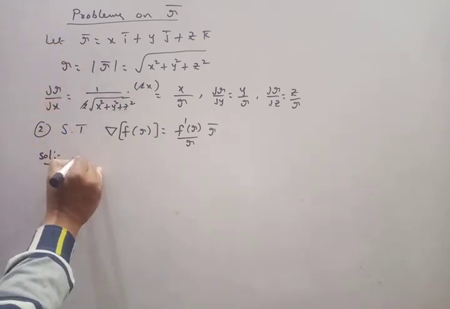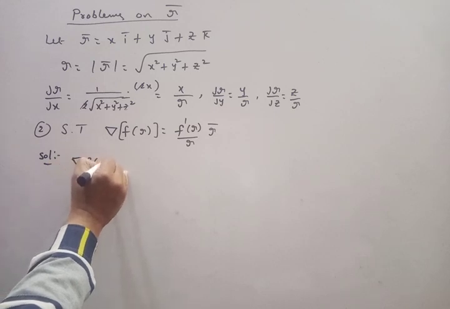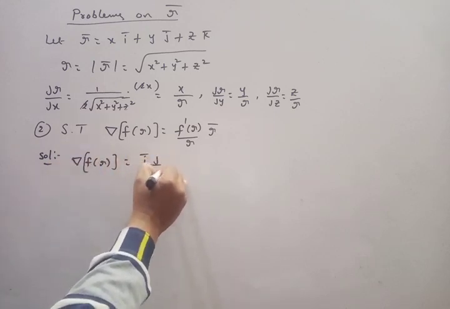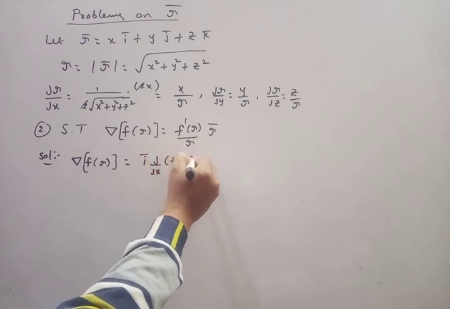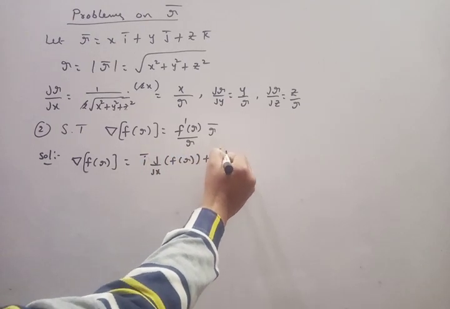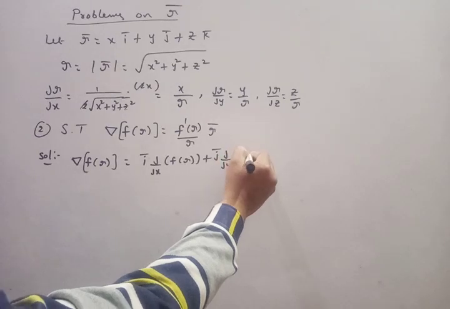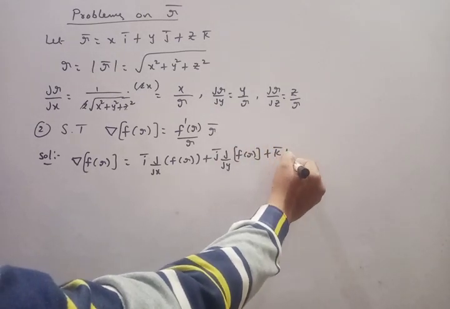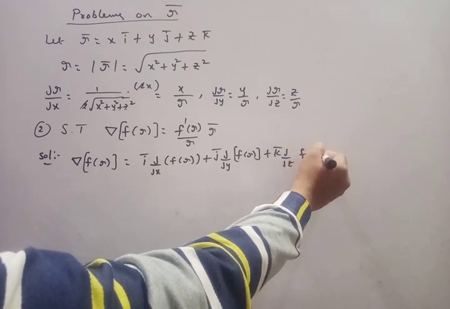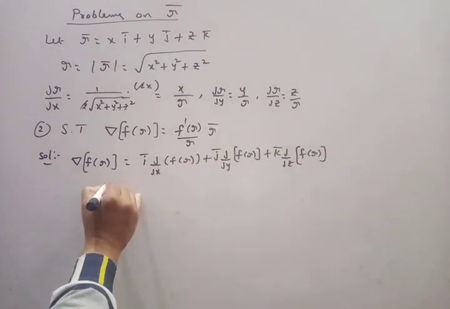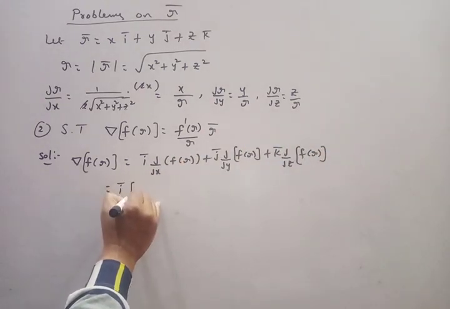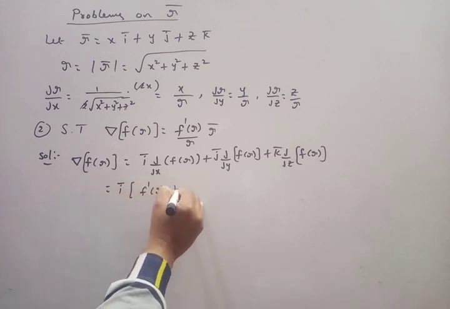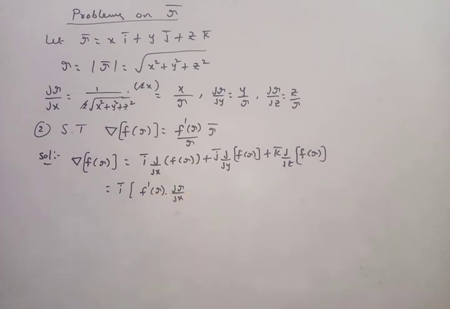Then del of f of r. So del of f of r, how to write: i bar dou by dou x of f of r plus j bar dou by dou y of f of r plus k bar dou by dou z of f of r. Correct? Now what we have to do? We have to differentiate. F of r differentiation is what? F dash of r. Again chain rule: differentiation of r will give you dou r by dou x.